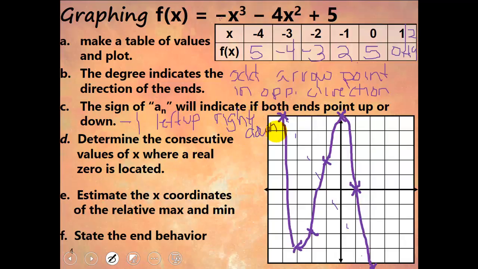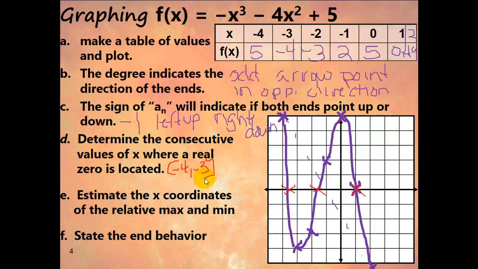Okay? Now we're being asked to determine the consecutive values where the zeros are, so that's where it crosses the x-axis. Boom, boom, boom, okay? So the consecutive values of 0. So here we have 1, 2, 3, 4, between -4 and -3.